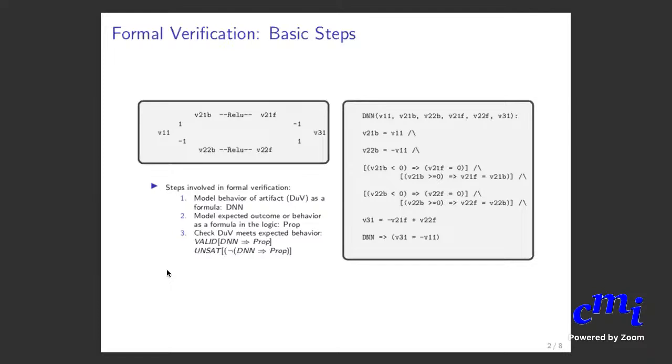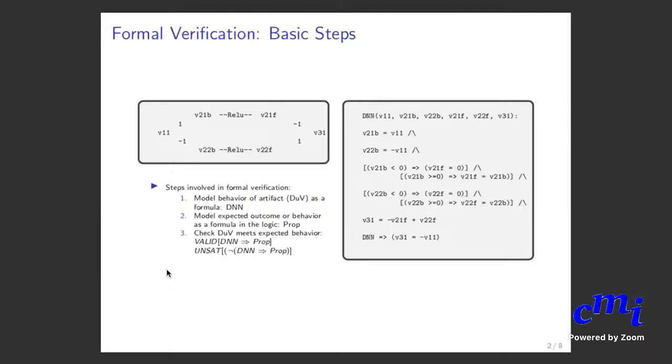In this case, since the neural network computes a function that maps inputs to outputs, we are modeling the input-output behavior, and we are defining that function DNN by means of the formula. That function is defined over several variables, so any satisfying instance of this is a valid point of the function map.